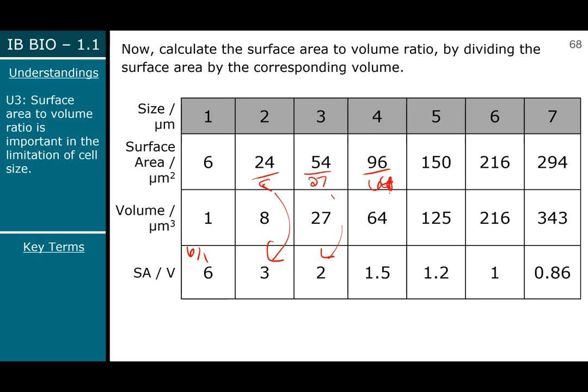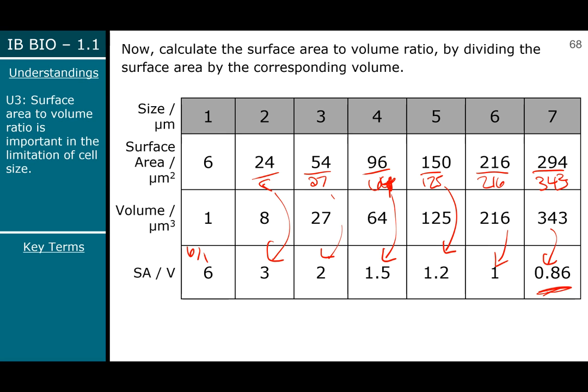Over 64 gives you 1.5. Over 125 gives you 1.2. Over 216, look at that, perfect. And then over 343, for the first time, we're getting a surface area to volume ratio of under 1, okay?